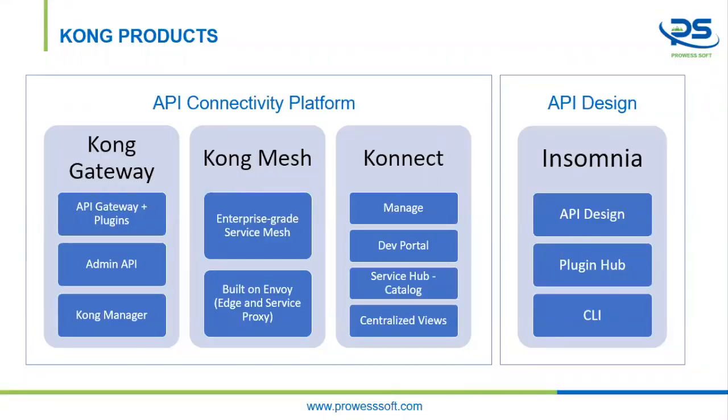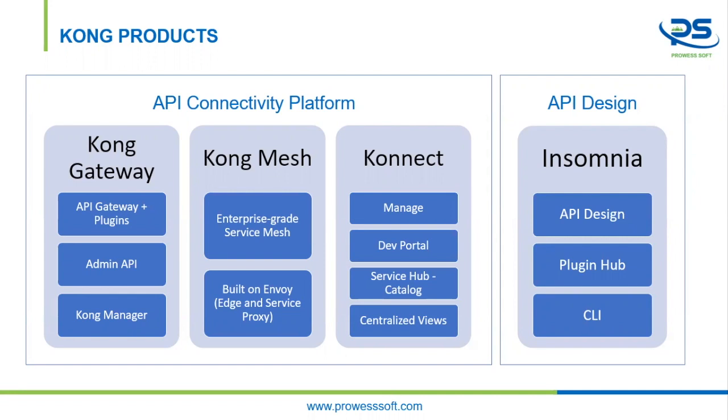As part of Kong's offerings, it has a connectivity platform for APIs and also a design platform. As part of the API connectivity platform, Kong provides a gateway which is lightweight, fast, secure, and cloud native.